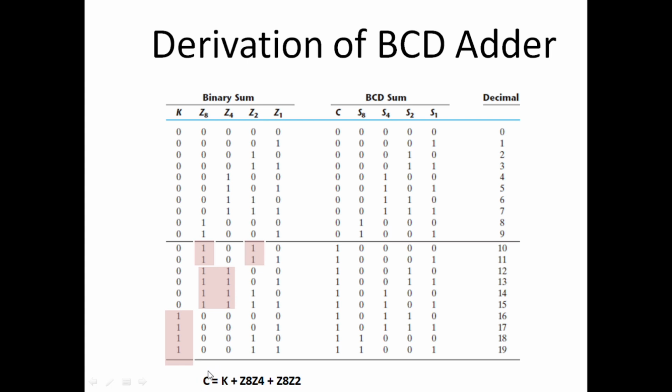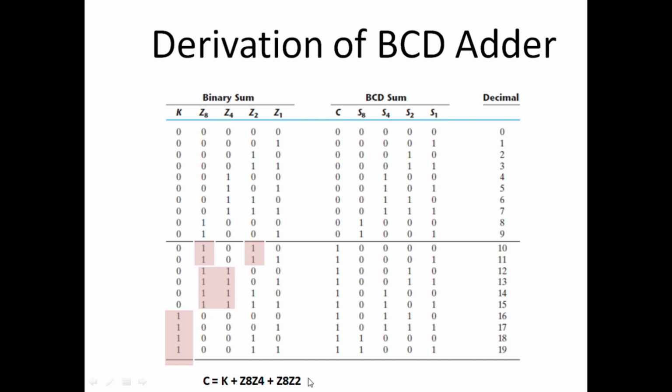And this correction is exactly equal to the output carry of the BCD sum, C. We can make this carry 1 when either the output carry of the binary adder is 1, or Z8 and Z4 are 1, or Z8 and Z2 are 1.